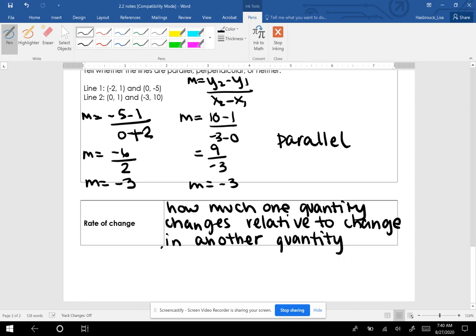So it's basically like slope. Slope is rate of change. It's rate of change because it's the change in the y over the change in the x.